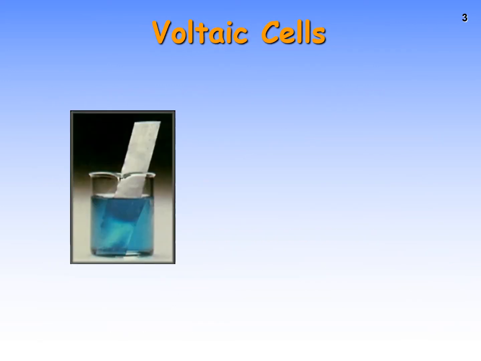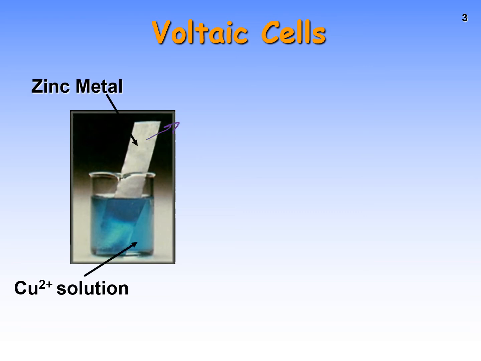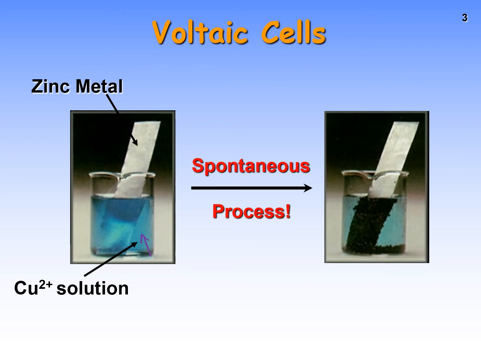So for instance, this is the first option. If I take zinc metal, this is zinc, and I put it in a solution of copper 2 plus, probably copper 2 plus and nitrate, I would assume. This will cause a redox reaction to happen, and we'll spontaneously start seeing the Cu 2 plus go to Cu solid, and the zinc solid will go to zinc 2 plus.